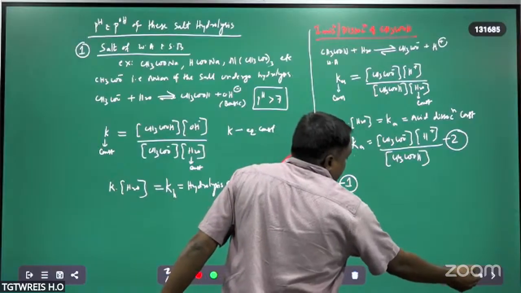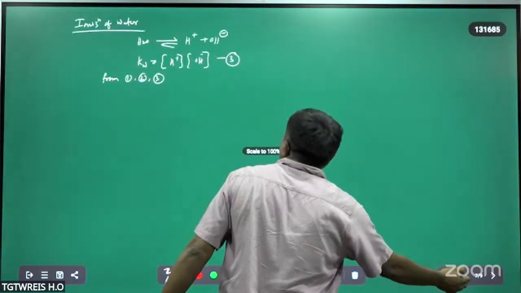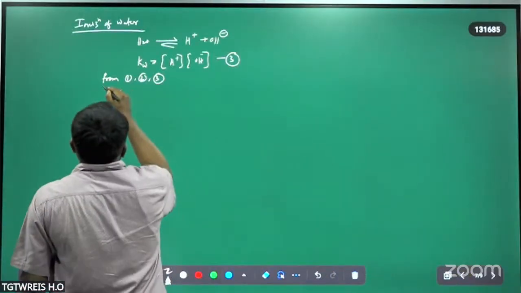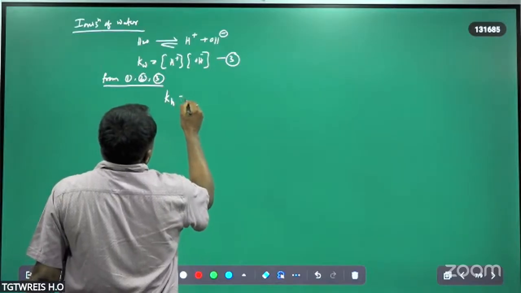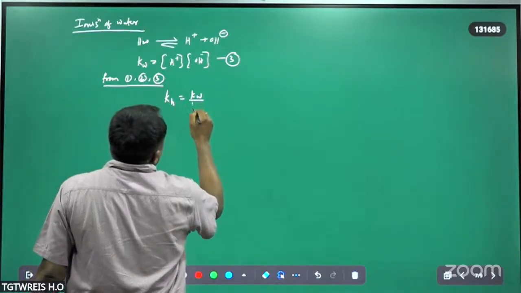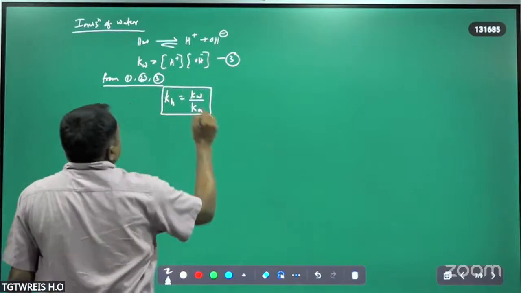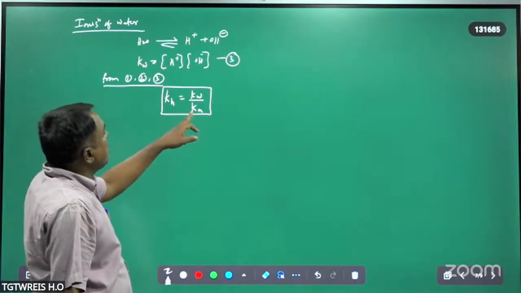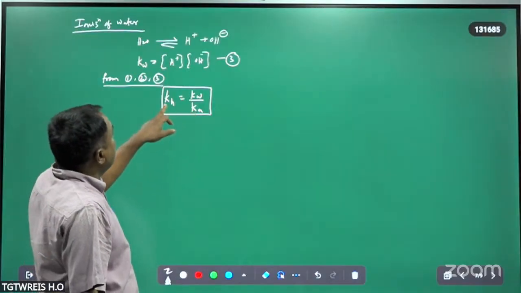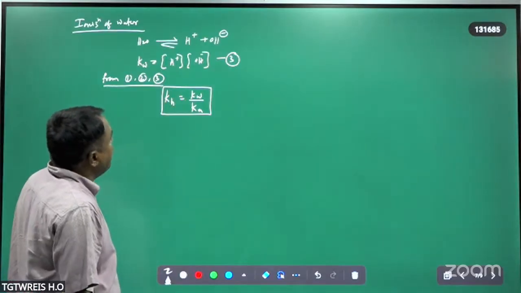From equations 1, 2, 3, you will get KH is equal to KW by KA, where KW is the ionic product of water, Ka is the acid dissociation constant, and KH is the hydrolysis constant. So KH is equal to KW by Ka.